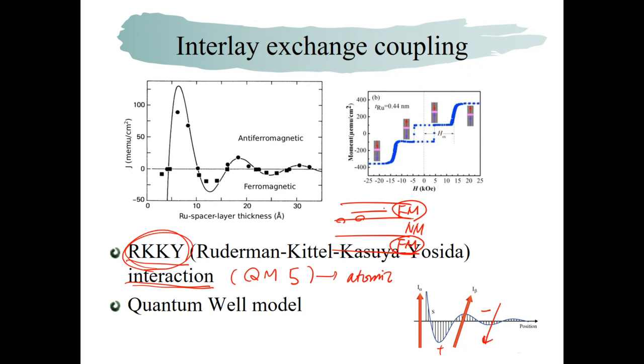And they prefer a parallel or anti-parallel direction depending on the spacer layer thickness. In this range they prefer the parallel configuration, and in this range they prefer anti-parallel configuration, and something like this.